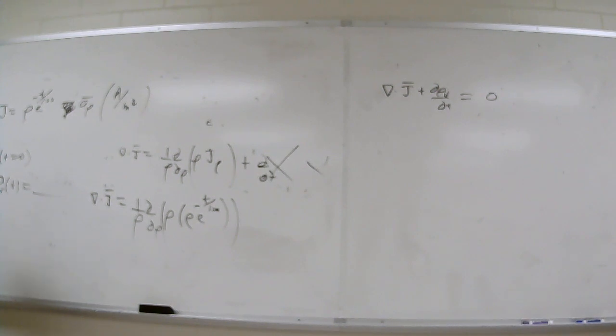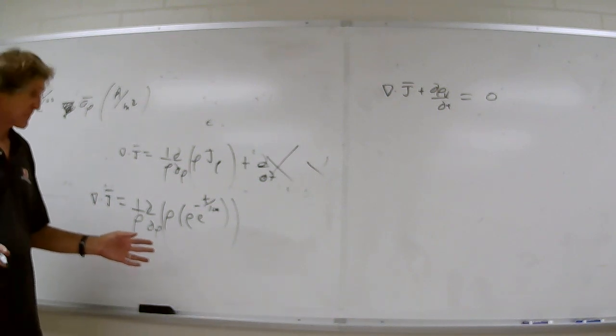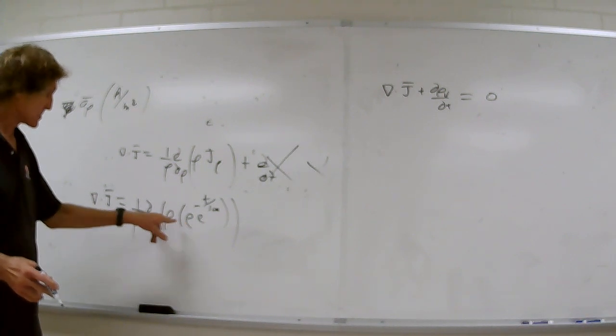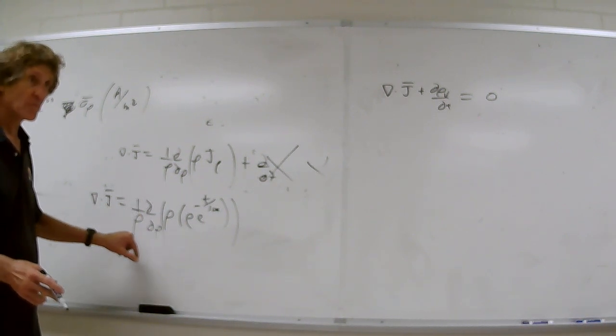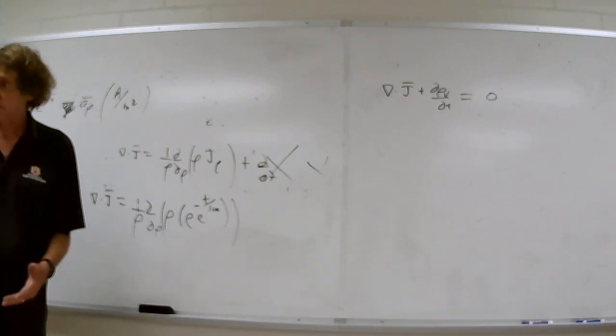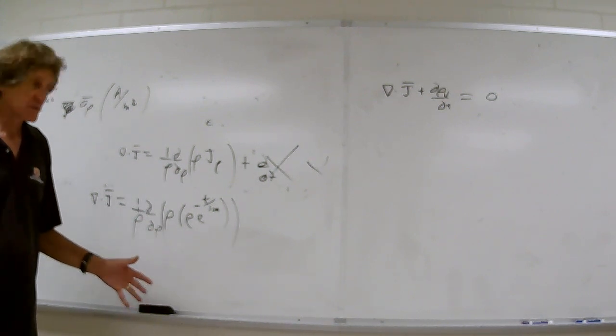This is a trivial problem, but here's where people mess it up, and I promise you they do. When they do the derivative, they won't do anything. They'll take the rho squared out in front and say rho squared over rho, it's rho e to the minus t over 100. I don't know why, but people make mistakes.